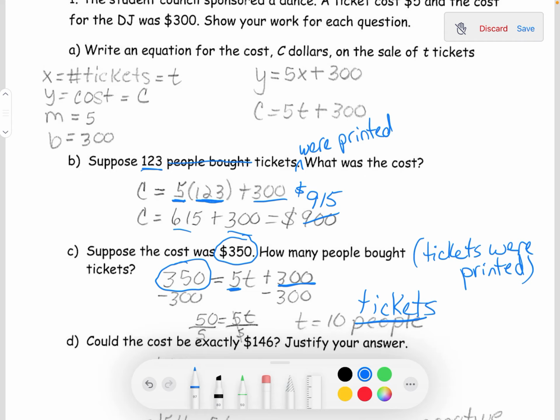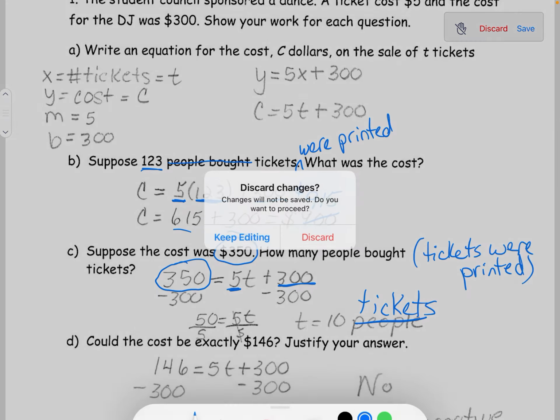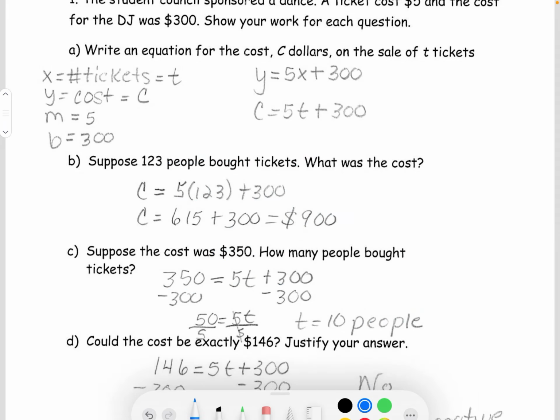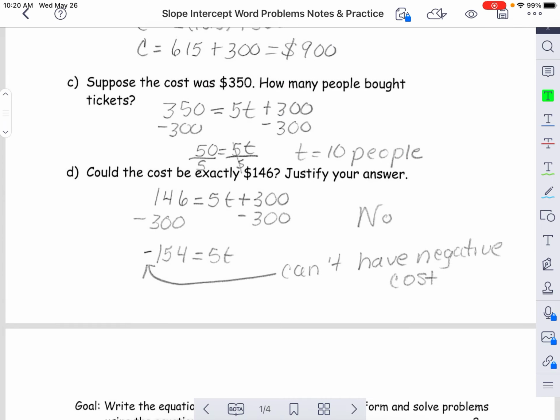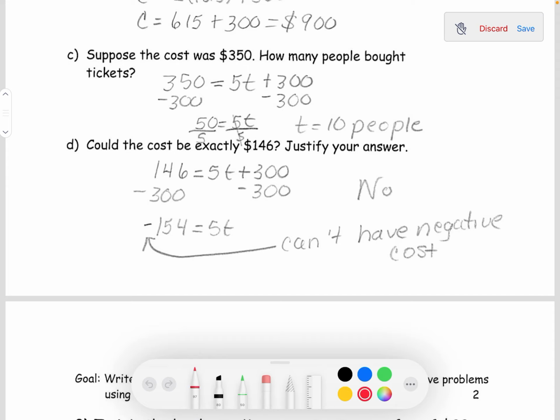It's in part D, so I'm going to clear the screen and move down. Sometimes we might ask, could the cost be exactly $146? And you're going to justify your answer by doing some math. So we're going to substitute in 146 for our total cost, and we're going to solve for t.